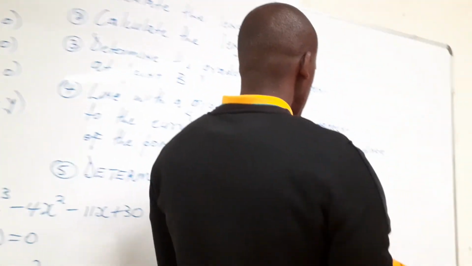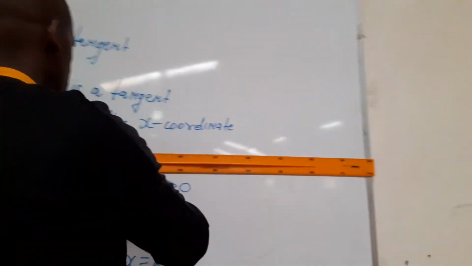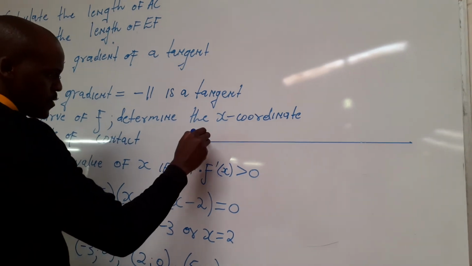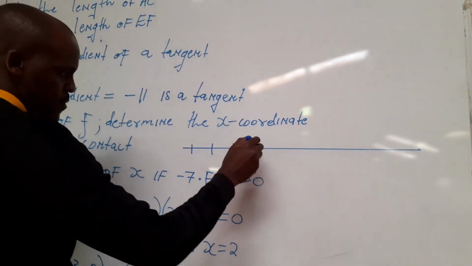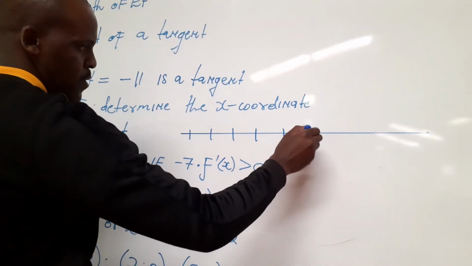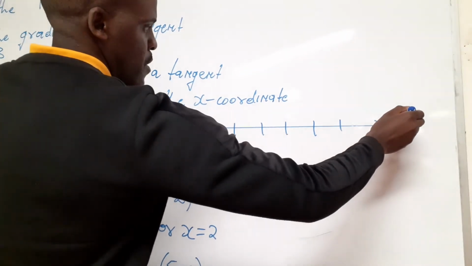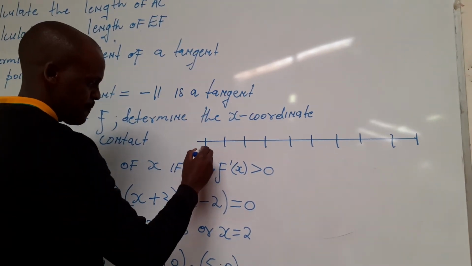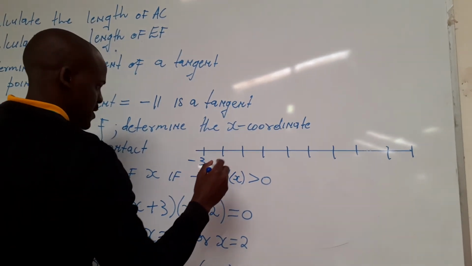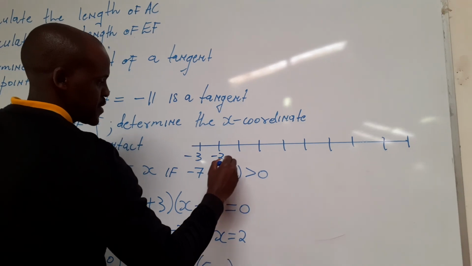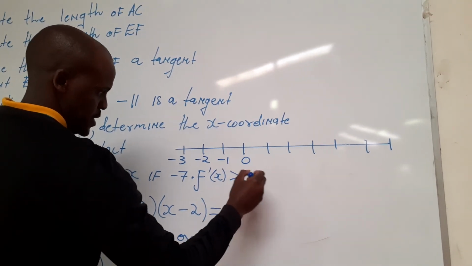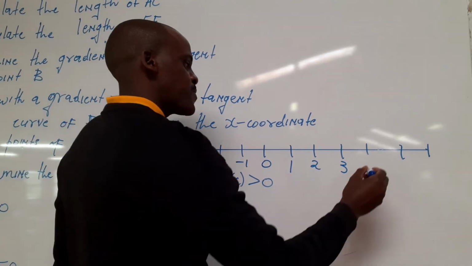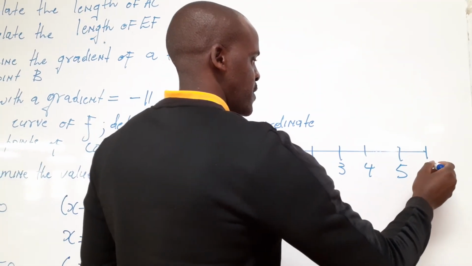Using a number line, let's start from negative 3: negative 3, negative 2, negative 1, 0, 1, 2, 3, 4, 5, 6.